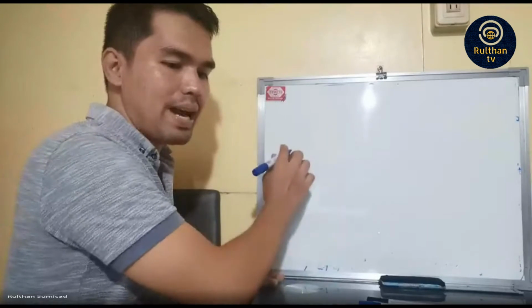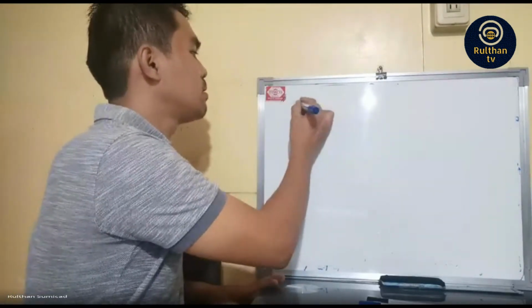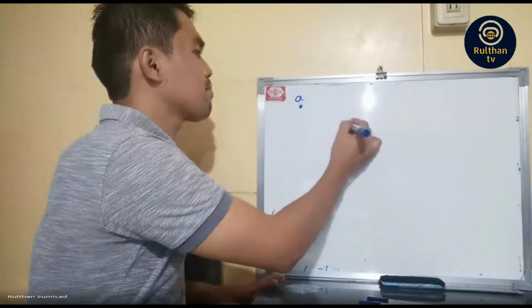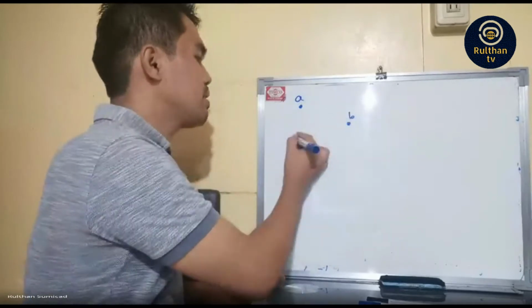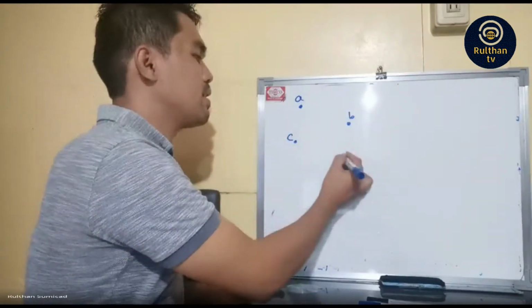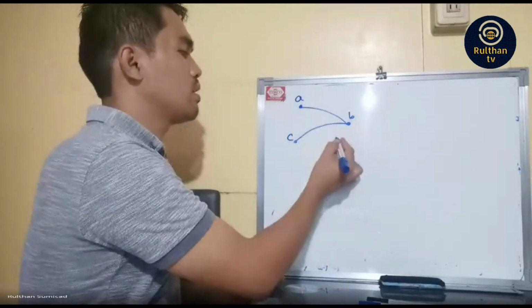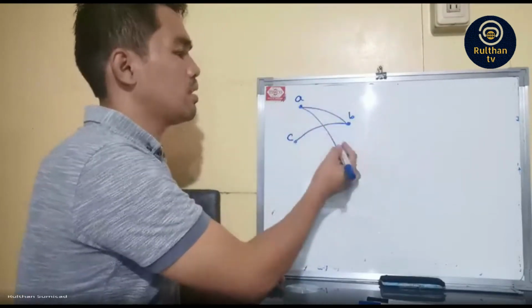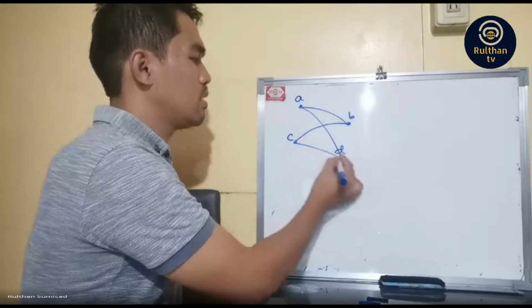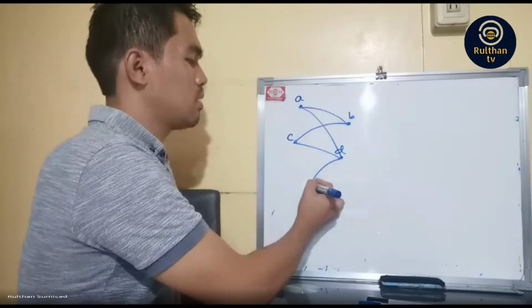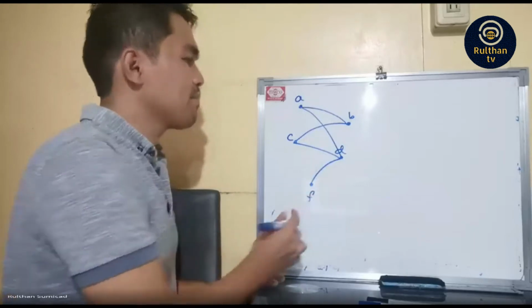Let's have this graph: A, B, C, and then we have D. So this is F. Okay.